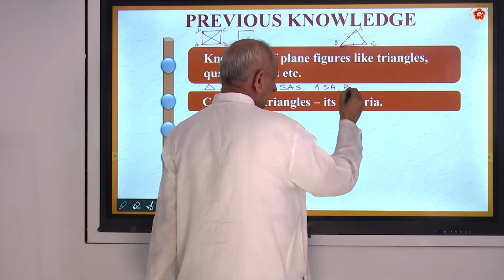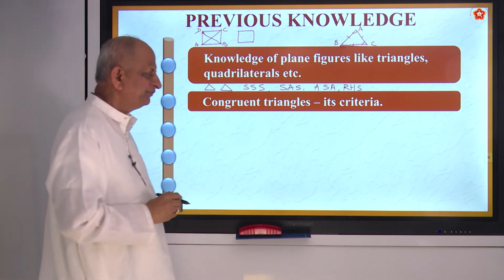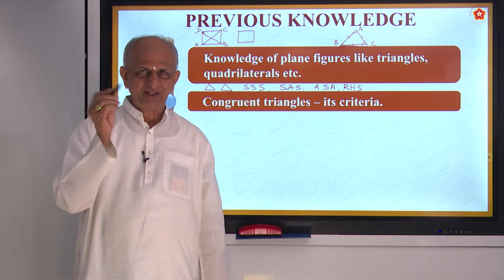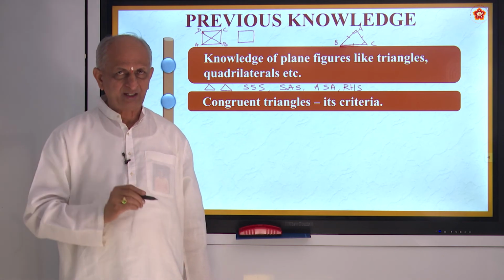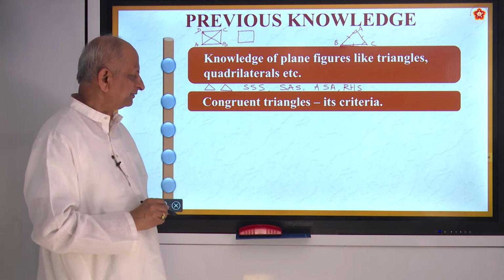And in case of a right angle triangle, the hypotenuse and one side of a triangle is equal to the hypotenuse and the corresponding side of another triangle, then we say the 2 triangles are congruent.